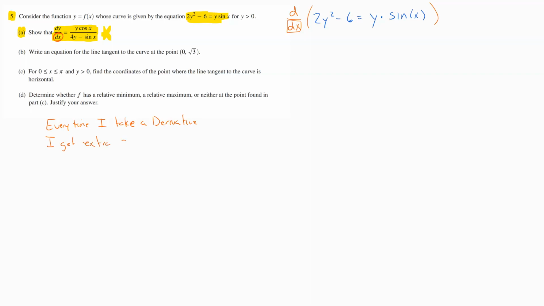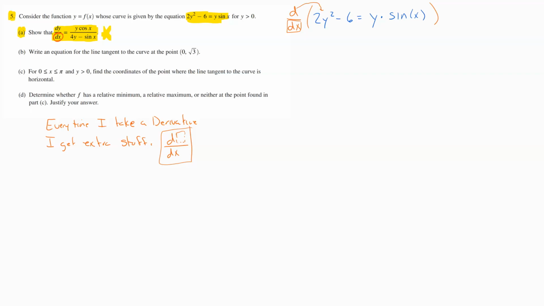And what that extra stuff looks like is, envision on that d/dx, a little box up on top here. Every time you take the derivative of something, you take the derivative like you normally would, and then you add this piece on, and you fill that box in with whatever the letter is you took the derivative of over dx.